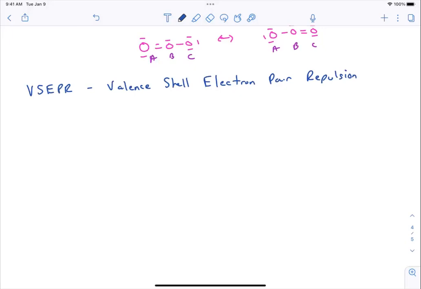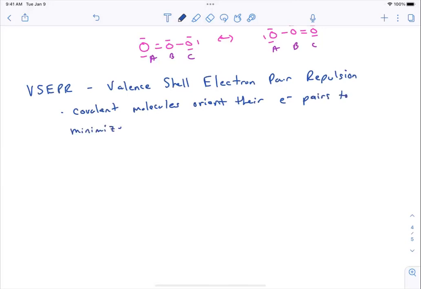Essentially what this says is that covalent molecules orient their electron pairs to minimize repulsion. So they create a shape based on the minimization of repulsion between all of those.